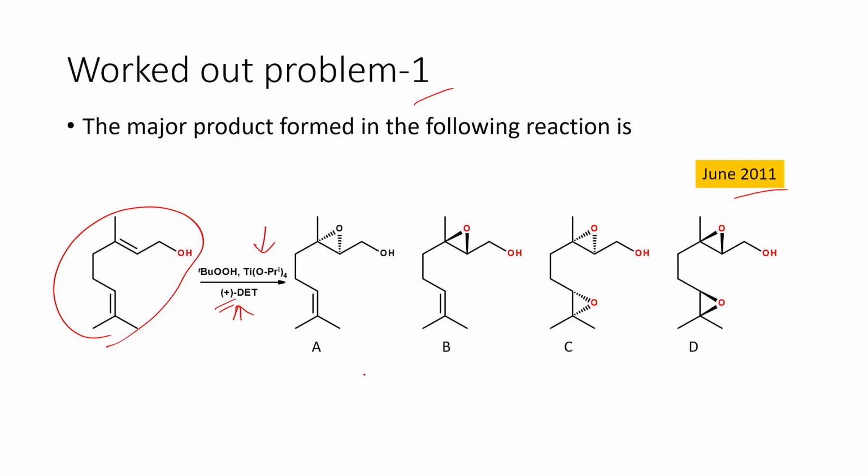So we end up with the 4 different products A, B, C and D, and we have to find out what is the right product that will be formed.